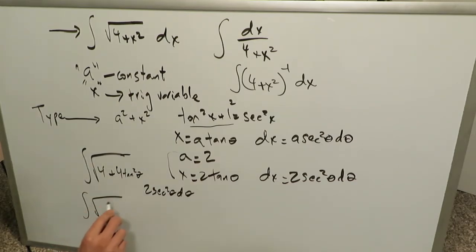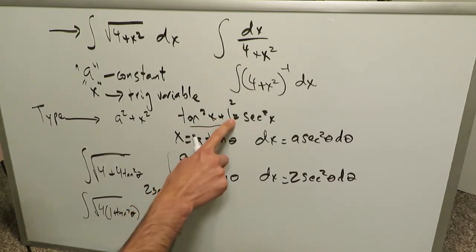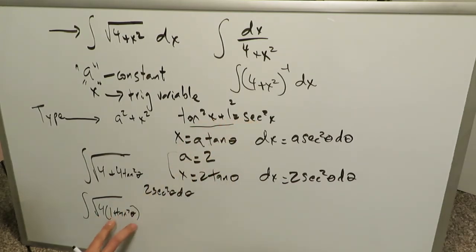You'll isolate something like 4 into 1 plus tan squared theta, and that is looking just like this, which is going to be substituted here for the secant squared theta I wanted, right? That 1 plus tan squared theta, which you isolate from these parts over here, will bring in a secant squared theta. You'll get a secant squared theta, and then you write the rest: 2 secant squared theta d theta.